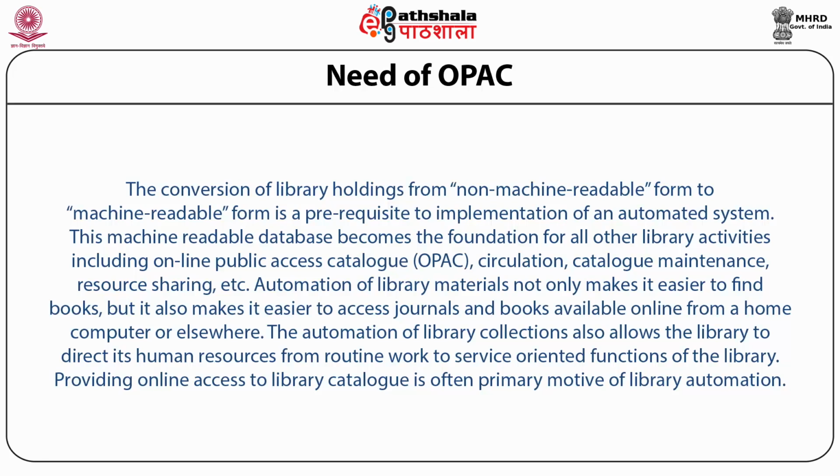The automation of library collections also allows the library to direct its human resources from routine work to service-oriented functions of the library. Providing online access to library catalog is often the primary motive of library automation.